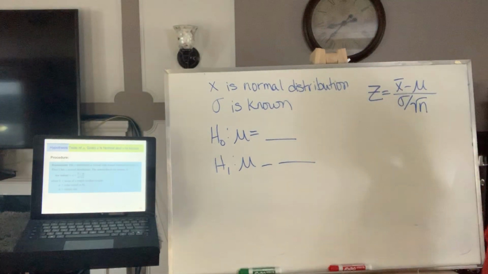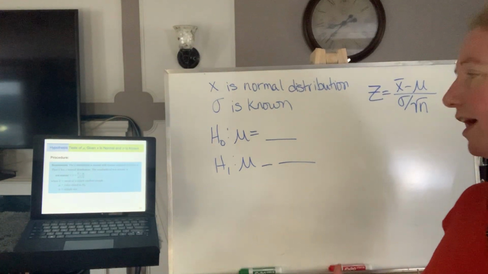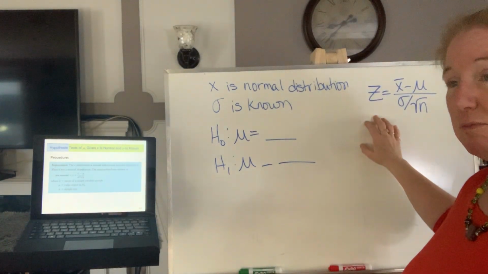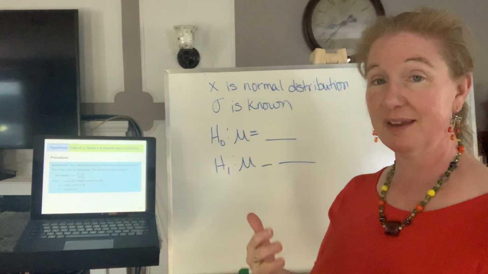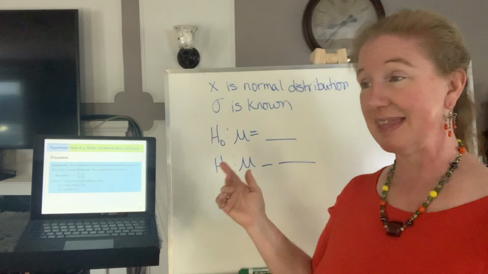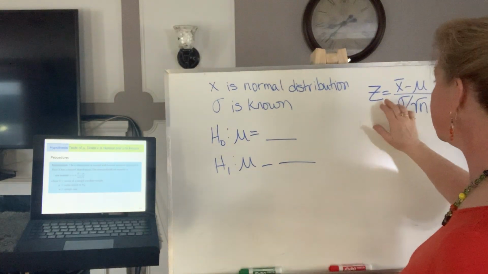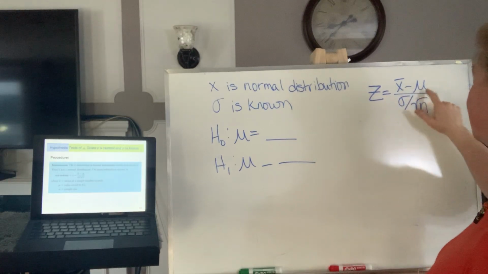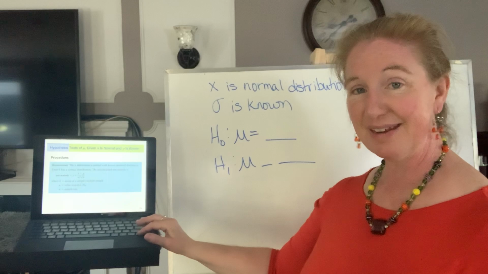So remember that formula from about 7.4, 7.5? That same formula. On your formula sheet, it will show back under chapter 7 because that's where that is on the list. So Z equals X bar minus mu over sigma over the square root of n. And remember, n is our sample size.